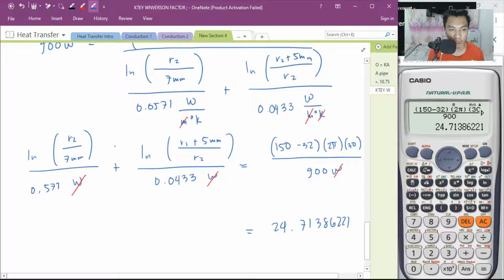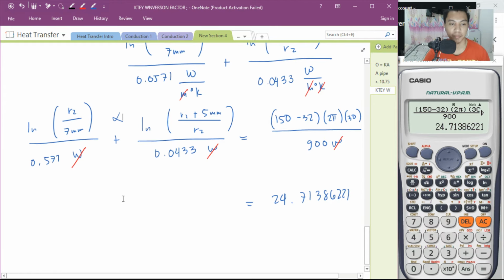Tapos cross multiply na lang natin itong dalawa. Cross multiply na nga natin siya. Delete ko muna to, ha.